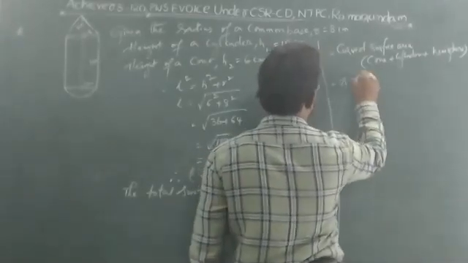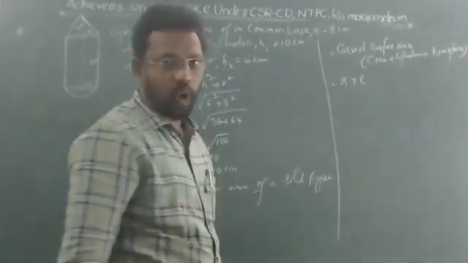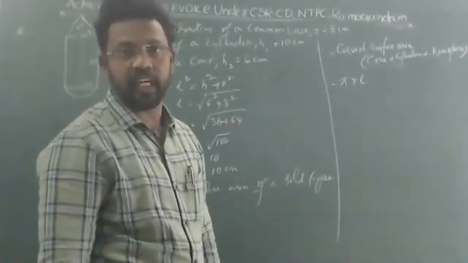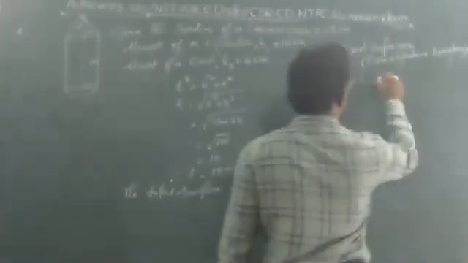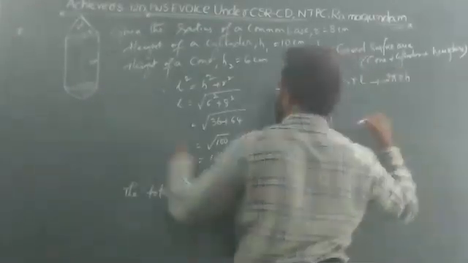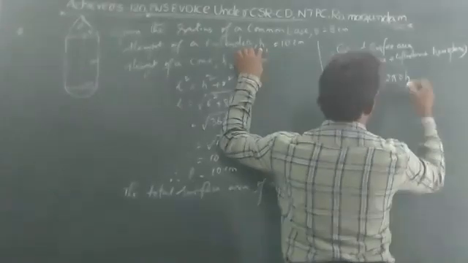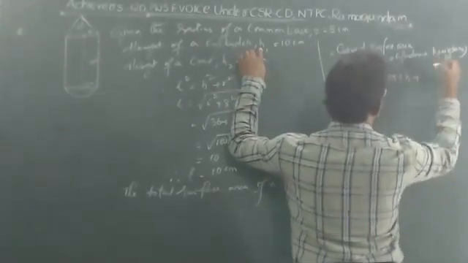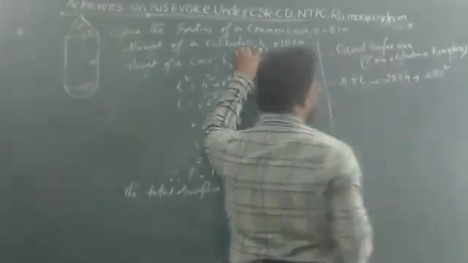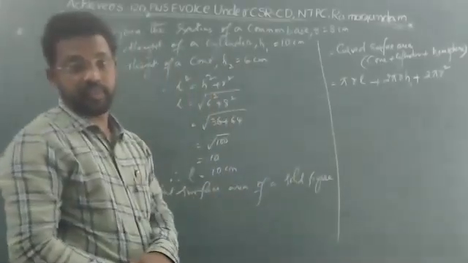Pi r l. R is common for all three: hemisphere, cylinder, and cone. Plus the cylinder, 2 pi r h1, and plus the hemisphere, 2 pi r square.